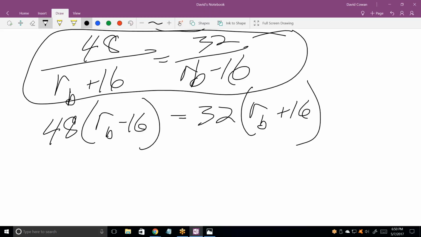In other words, at this point, we're just into algebra. Nothing else. We don't care about d equals rt or any of that. We're just trying to solve this equation. Well, what's the next step? That would make 48 RB minus 768 equals 32 RB plus 512.